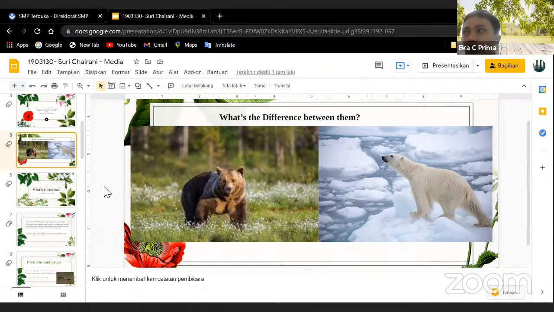In a four-season zone, the temperature between morning, noon, and evening can differ quite a lot, by 2, 3, or 4 degrees Celsius.